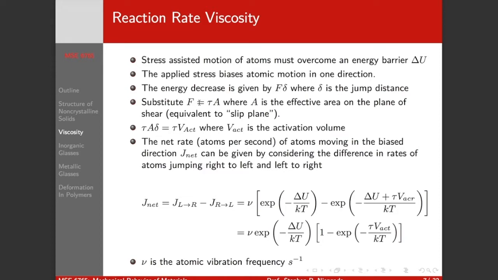So the energy decrease is going to be given by the force times the jump distance, and we can substitute the shear stress times the area for the force, right?